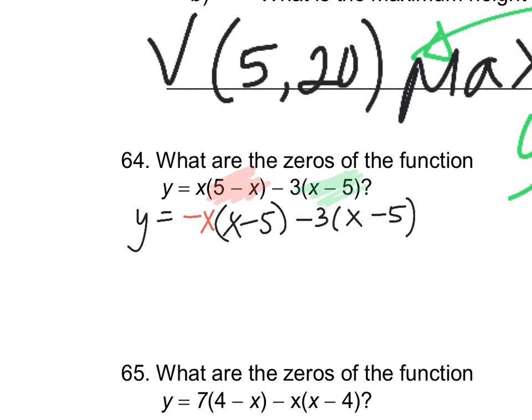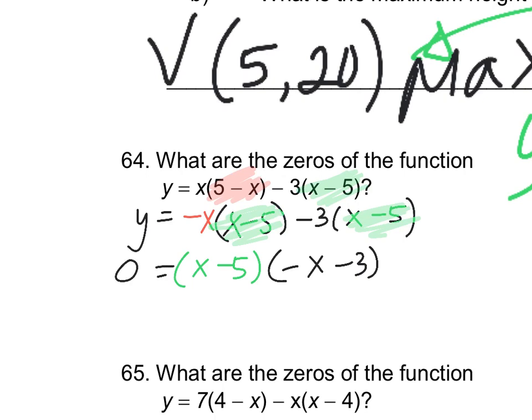But now you can see that these two green highlighted ones now match. So I'm going to rewrite them once: x minus 5. And the red and the black there that's left is negative x minus 3. And all of this will equal 0 because we want to try to find zeros.